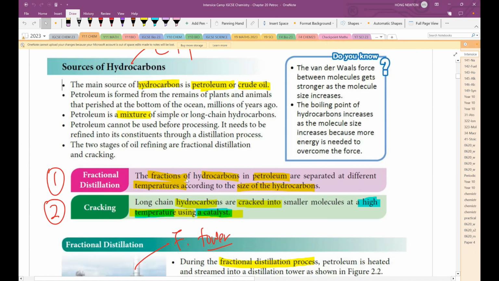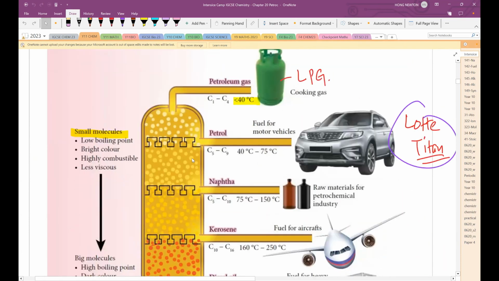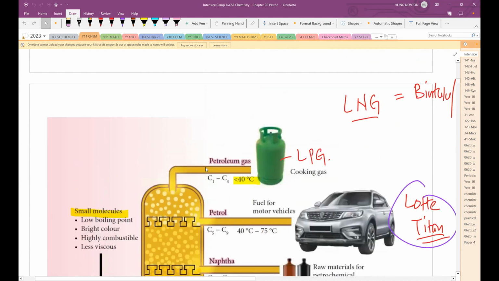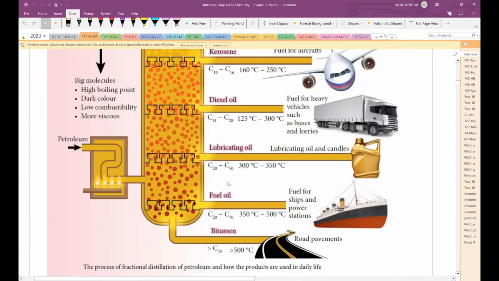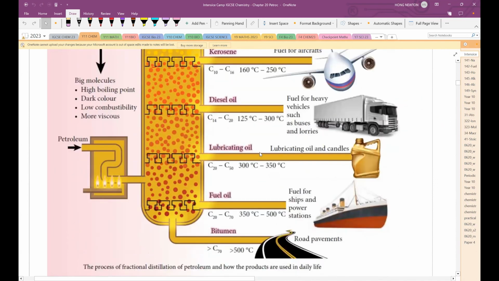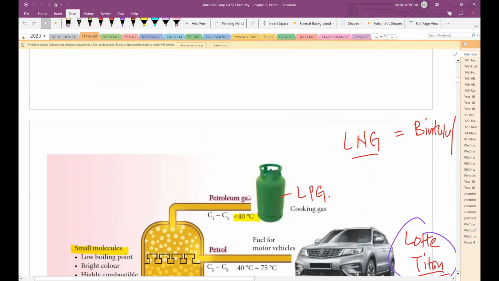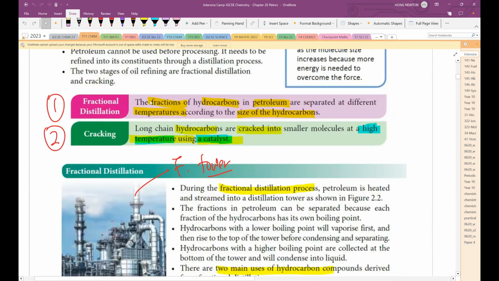It uses a lower temperature, less than 300 degrees Celsius, and gives diesel oil, kerosene, petrol, and petroleum gas.